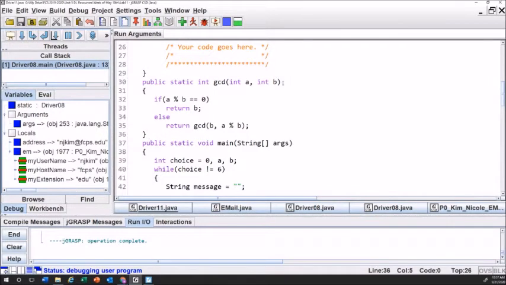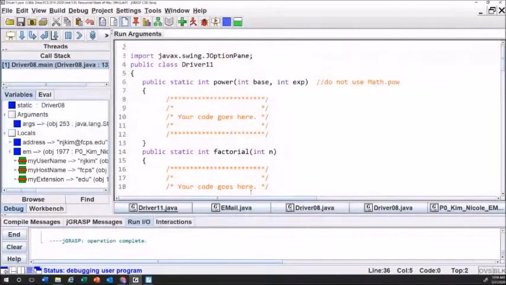Then, if B is not the GCD, greatest common divisor, you are going to pass B first. Now you are going to try B, and A modulo B, that means when you do A divided by B, the remainder. If you plug in some set of numbers like 4 and 6, 2 and 4, you will figure it out.